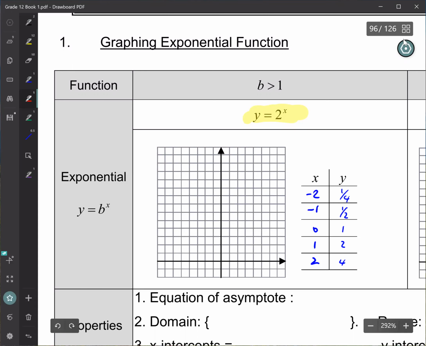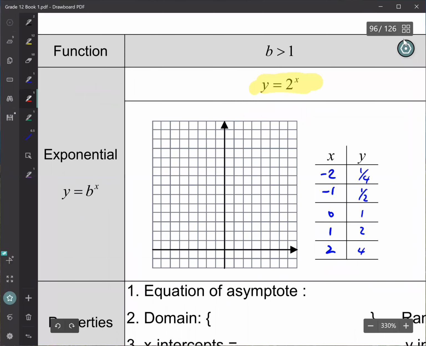So just follow the points. Negative 2 is 1/4. So 1/4 is really tiny. We'll just keep each box as 1. So negative 2 will be 1/4, so it will be here.